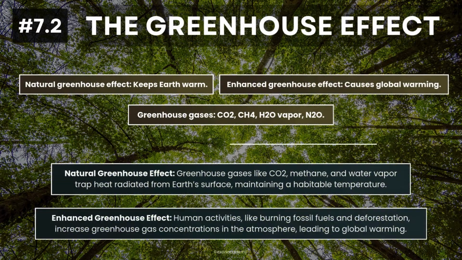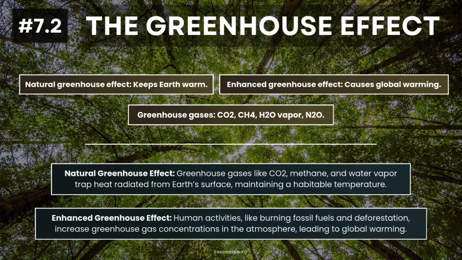Chapter number 7.2, The Greenhouse Effect. The greenhouse effect is a natural process that keeps Earth warm enough to support life. There are two types of greenhouse effects. The first is the natural greenhouse effect. The greenhouse gases like CO2, methane, and water vapor trap heat radiated from Earth's surface. Number 2 is the enhanced greenhouse effect.